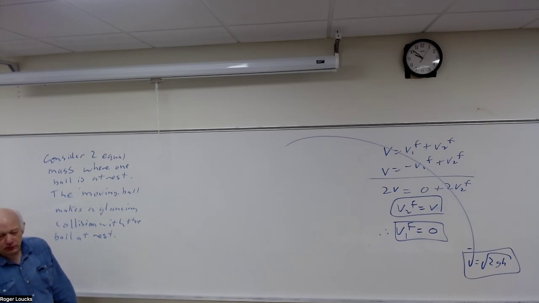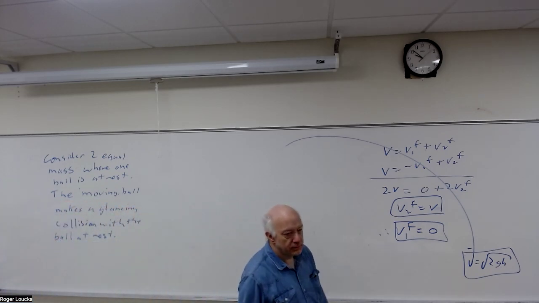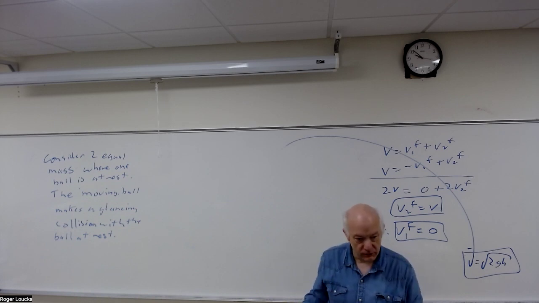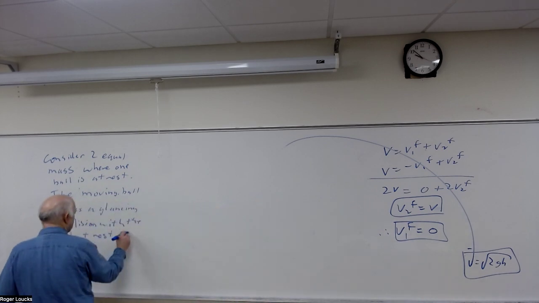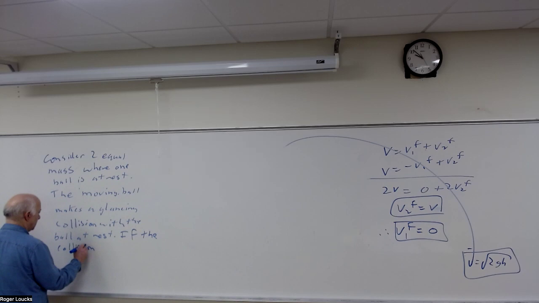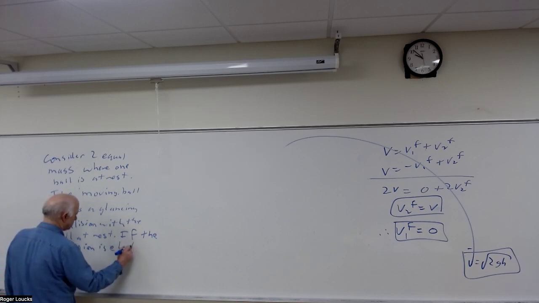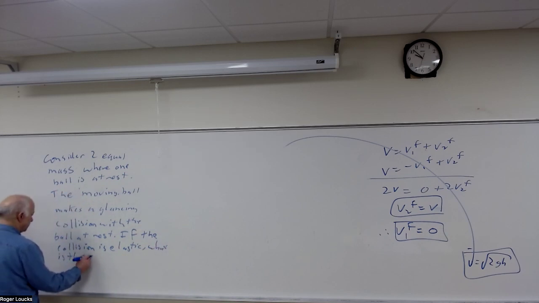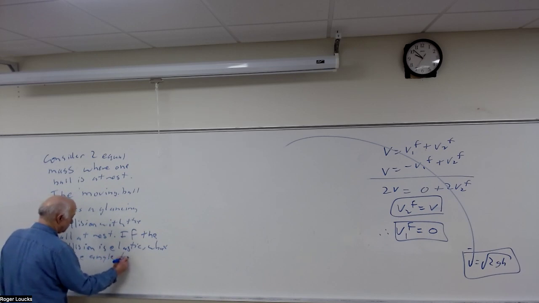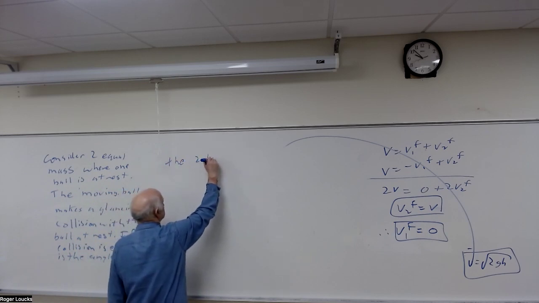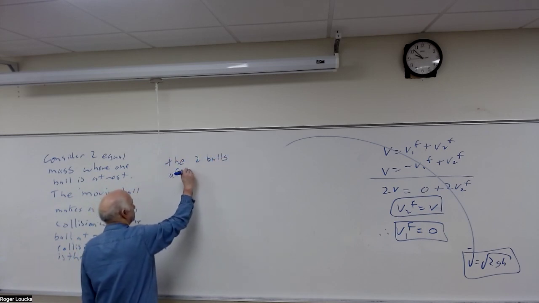What does glancing collision mean? Is it head on? No. So it's not head on, it's going to be like this. That's glancing. This is head on, this is glancing, or this is glancing. So it's meaning not head on. If the collision is elastic, what is the angle between the two balls after the collision?